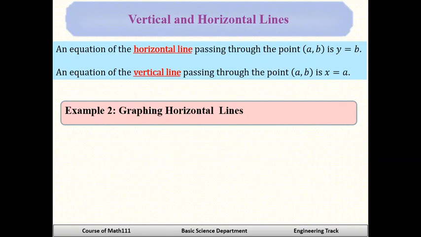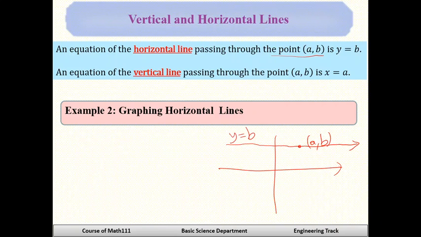Here we have a point, the point (A, B) is this. Now, the horizontal line passing through the point (A, B) is this one here. So this is the horizontal line, and the equation of this line is y equal to B. You can understand this from here.